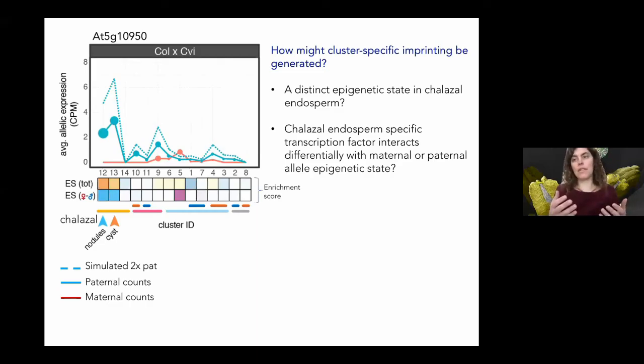Some of those are themselves PEGs. It could be that, since we're talking about the paternal allele being upregulated, there are callosal endosperm-specific transcription factors that interact differentially with maternal and paternal alleles, perhaps due to a difference in epigenetic state between those alleles. And so those are the questions that we're exploring for the future.